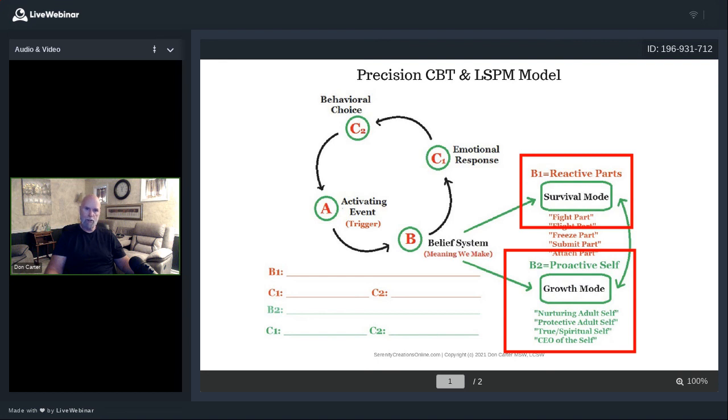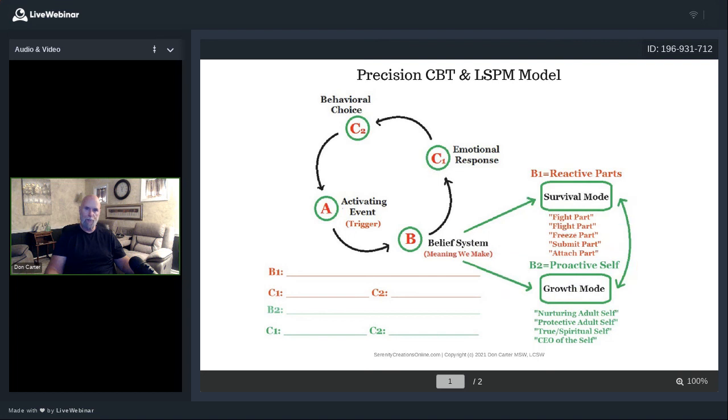I challenge the negative limiting one because all of those beliefs that are reactive come from the past, not the present moment. But whatever happens in the present moment can activate a lot of these parts of self. So that's where CBT and the LSPM model can fit together.